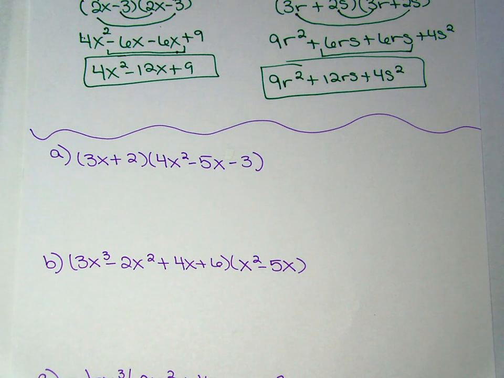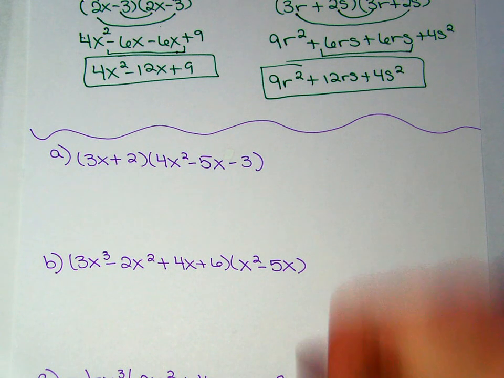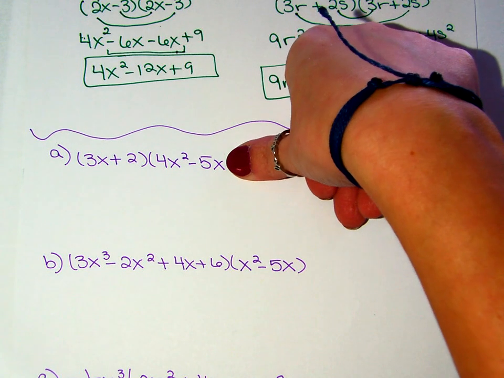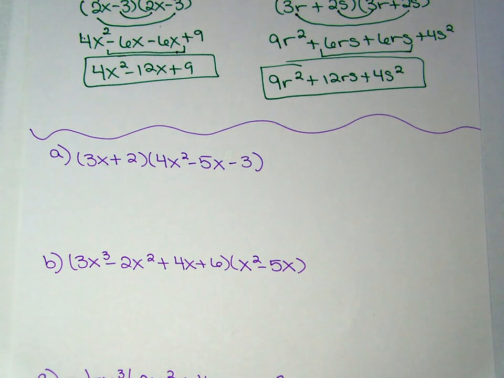So for A, we have a binomial, 3x plus 2, times a trinomial, which is 4x squared minus 5x minus 3. Now, if we only had two terms in the second one, we would just FOIL and be done. But we have three. So we're going to think about it as doing a longer version of the distributive property.